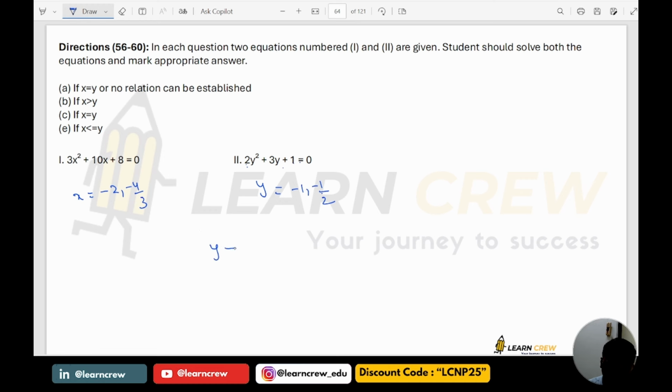So y is greater than x, so x is less than y. Some option is missing, there should be one more option. That is correct. Always here x is less than y.